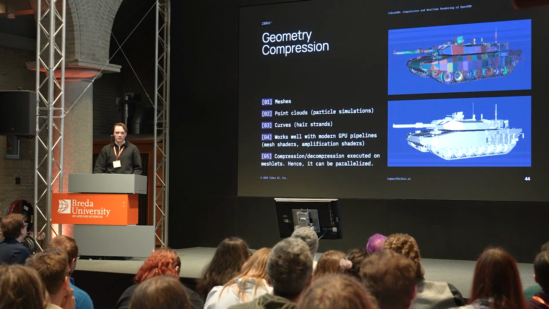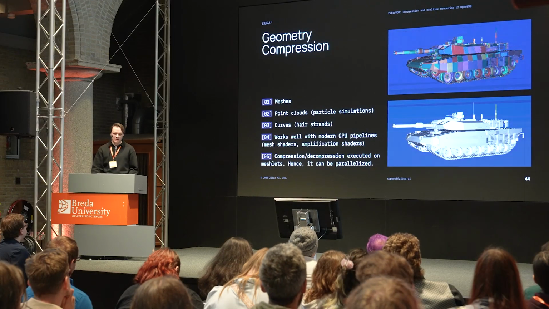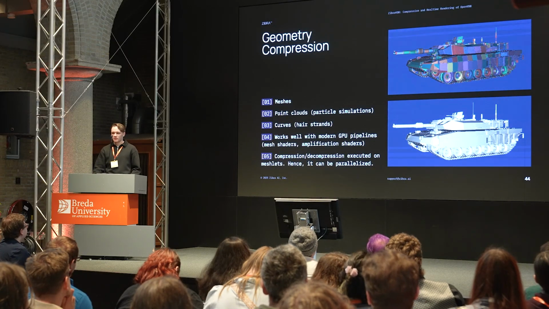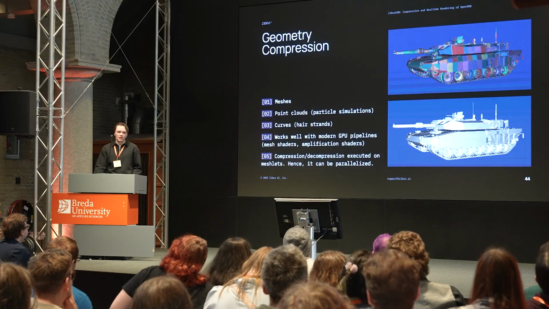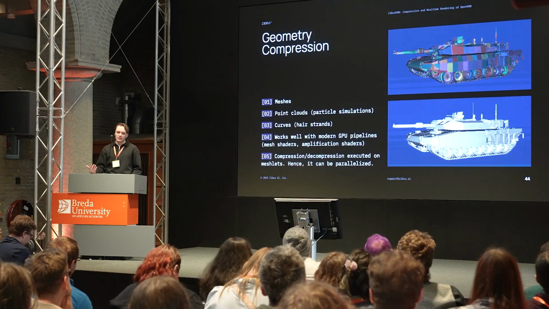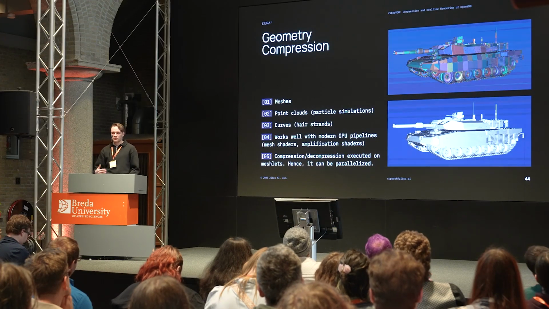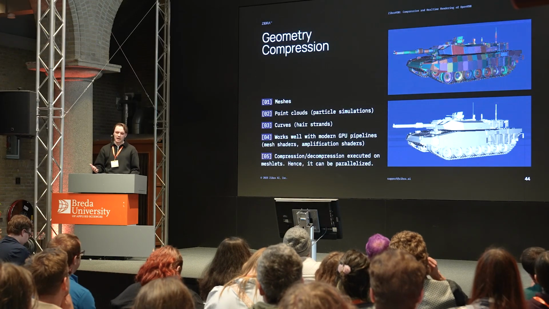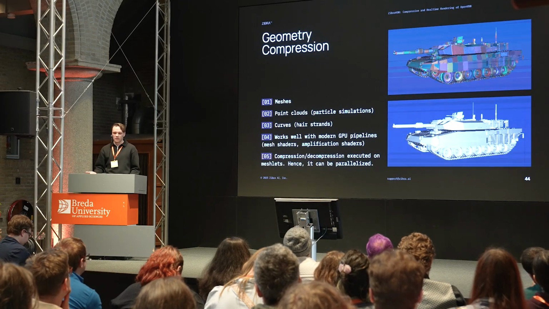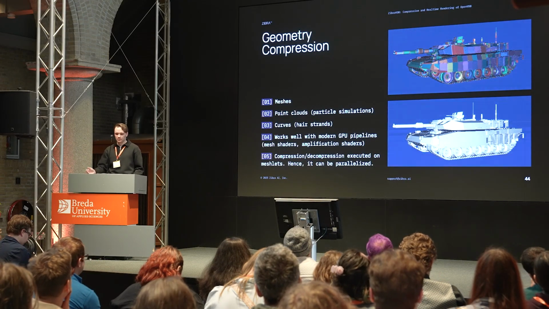For example, all these new mesh shaders and amplification shaders allow you to render a big amount of data in real time. Right now, you are limited by size because you have this bandwidth bottleneck. In the same way, by compressing geometry data, we can eliminate this bandwidth bottleneck and render it in real time with modern GPU APIs.